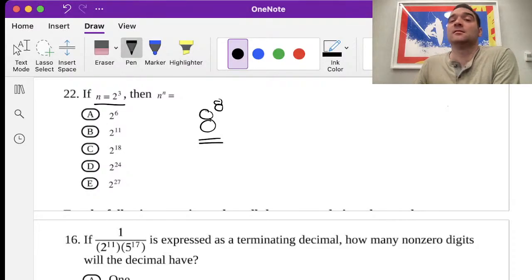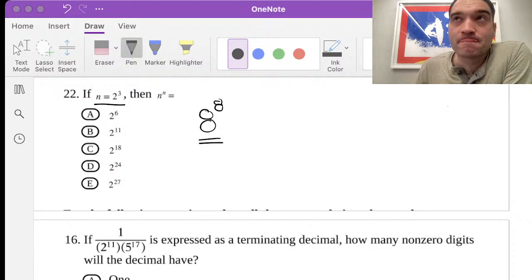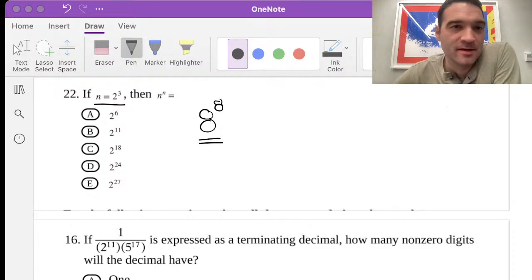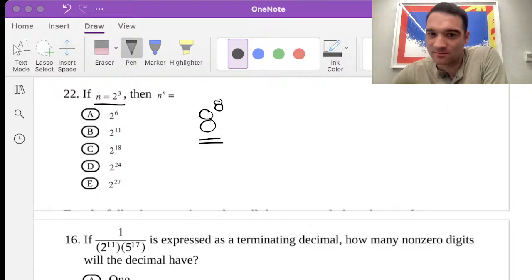So, Becca, what prime number can I break 8 down into? Or rather, what's the prime factorization of 8?